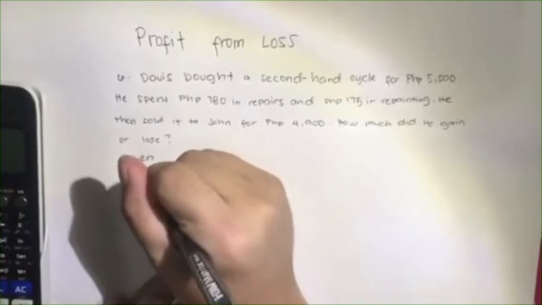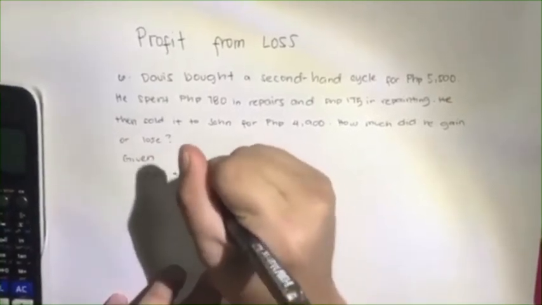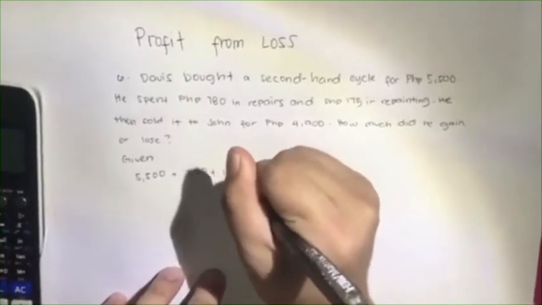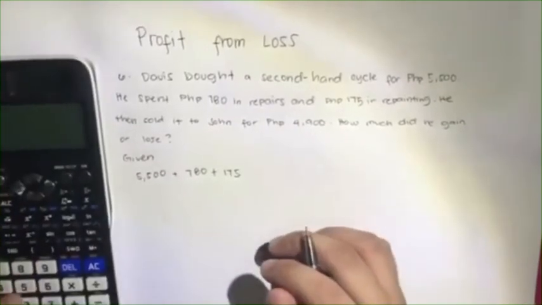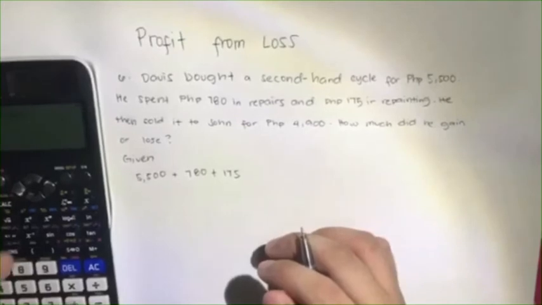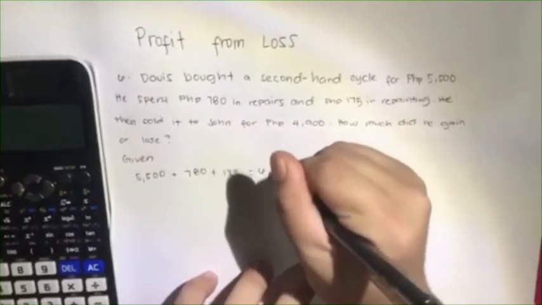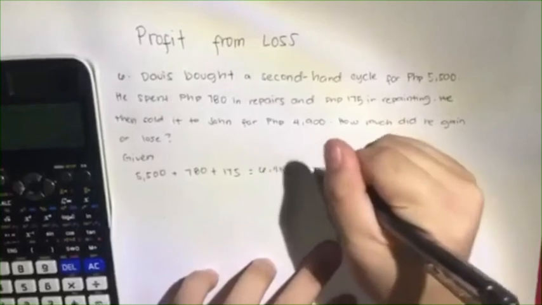So, ipagpa-plus natin yung mga ginastos ni Davis para malaman natin yung cost. So, we have 5,500 plus 780 and plus 175. So we have a total of 6,455 for our cost.